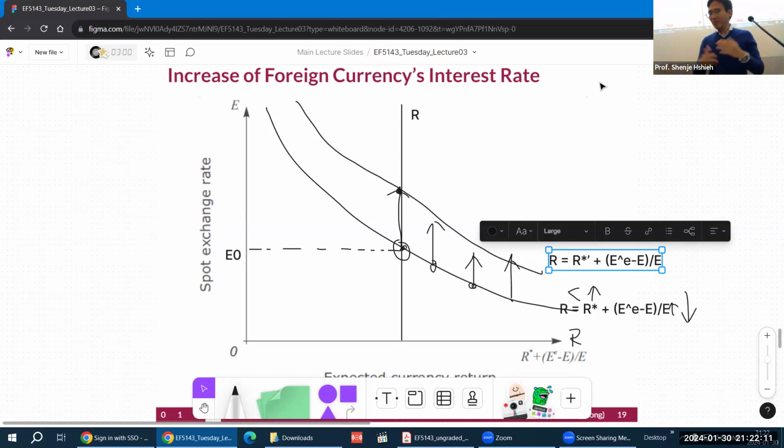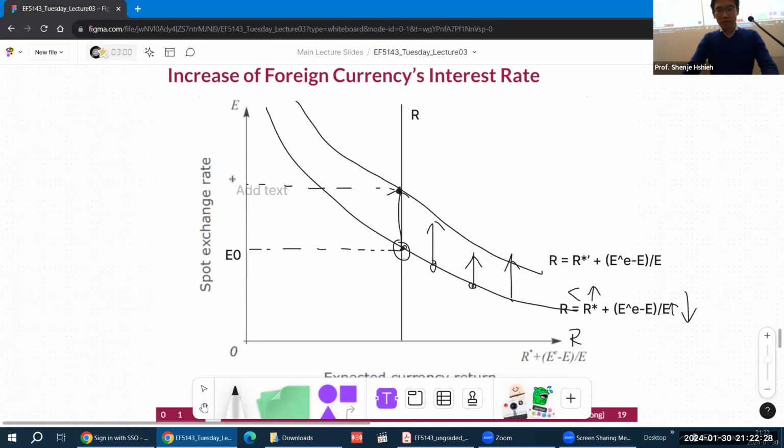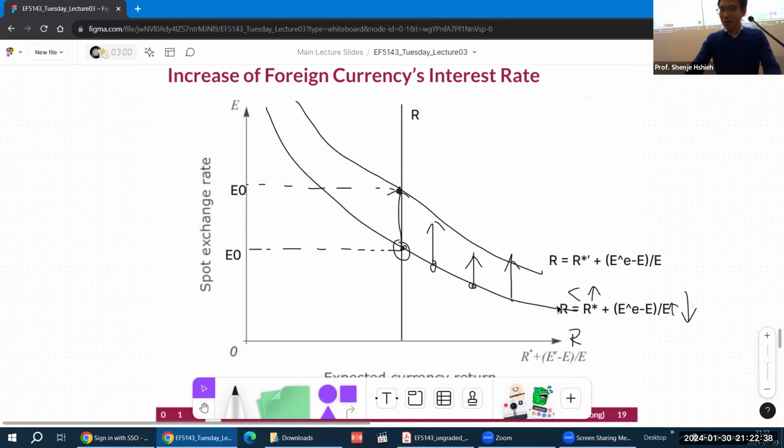So graphically, if you know the math, it's easy to visualize. What happens is the UIP curve shifts up, with a new intersection at a higher level, and therefore our spot price must be higher than before. The foreign currency must be more expensive. Solving mathematically, we already did that.